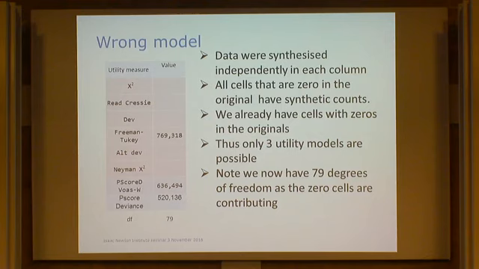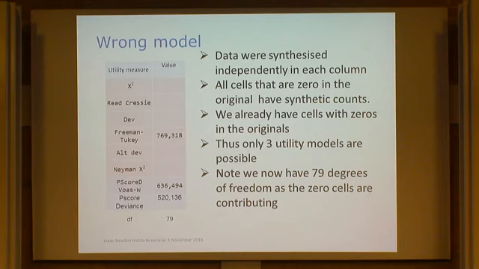We already have a few cells with 0 in the originals, but because they've got some synthetic data in them, they contribute to the propensity score models, to the utility measures. We can only get 3 utility measures here, the Freeman-Tukey and the Voas-Williamson or propensity score, and the deviance from the propensity score. And they all give values over 5, the best one is 500,000, where one should be 71.